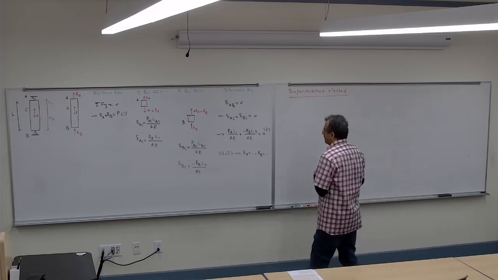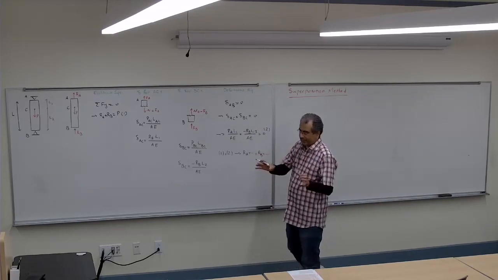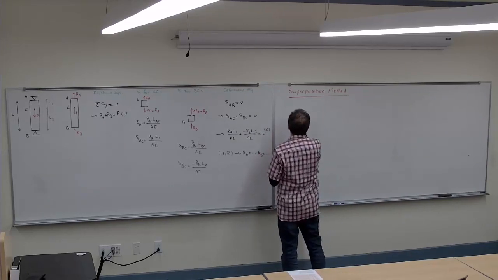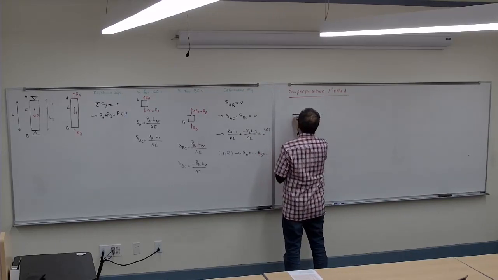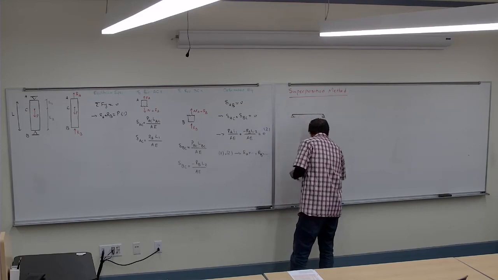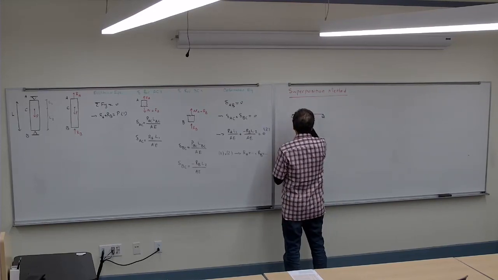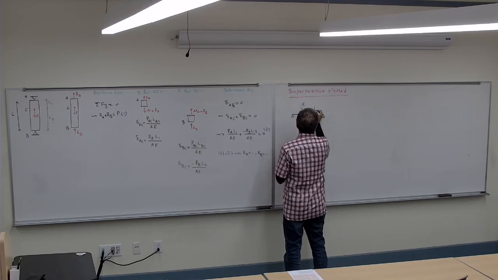So assume I have, so this is a determinate case. Assume I have a beam like this. And then I have two forces applying on that, F1 here, F2 here.